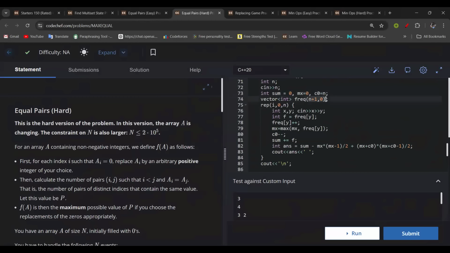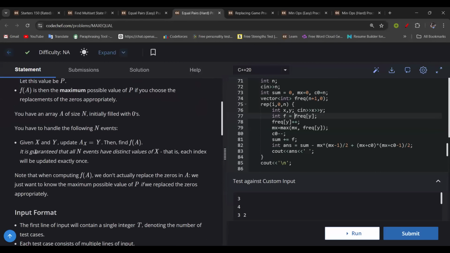My frequency array has all zeros. Now, after every operation, what is happening? I'm taking x and y as input. It just means I'm replacing index x with value y. So I am sure that at index x it was a 0 because it is guaranteed that distinct values of x are given.